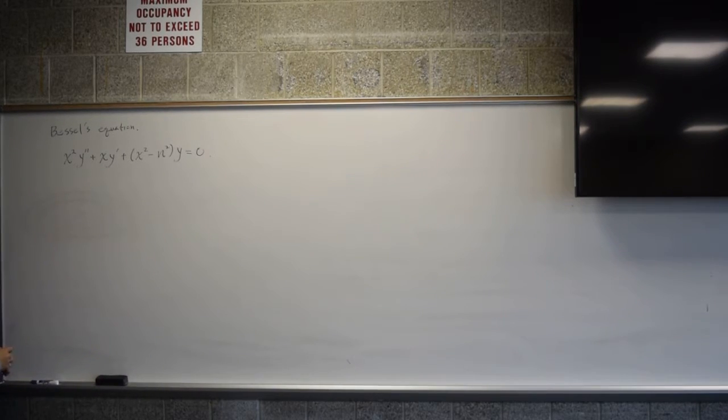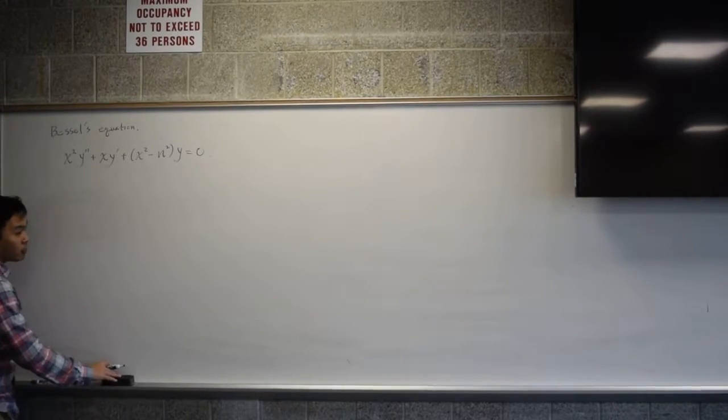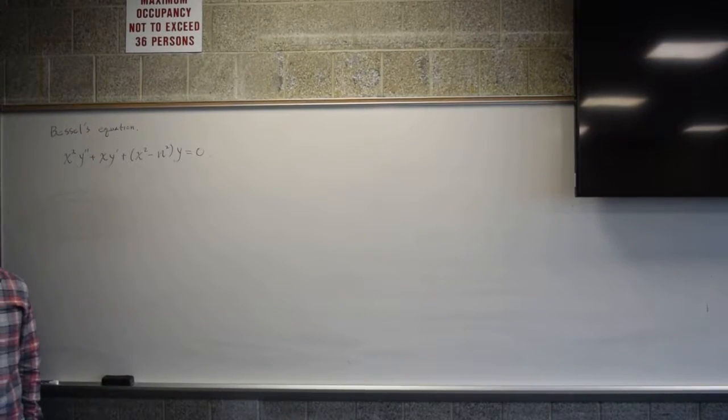Now, this is the case where x equal to 0 is singular, as I explained before, because if you divide by x squared, then x over x squared becomes 1 over x. So you can see that x equal to 0 is a singular point. And therefore, you don't have a power series solution.